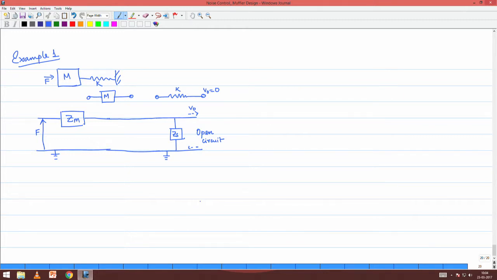As a result, what we have for this circuit is the following: there is an impedance associated with the mass, the value of which is i omega m, and there is an impedance associated with the spring, which is basically in a shunt position. The other part which I am drawing in red is needless to draw, because this part of the circuit is open, nothing happens here.